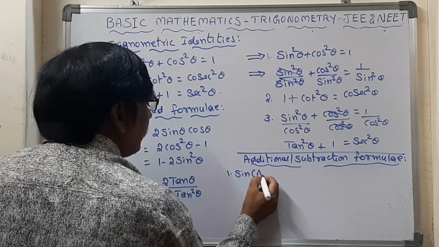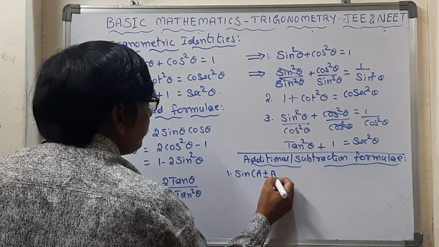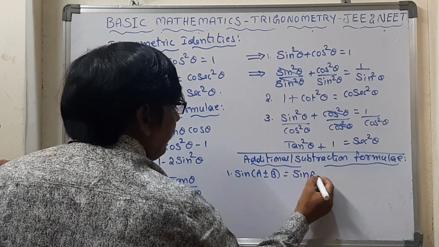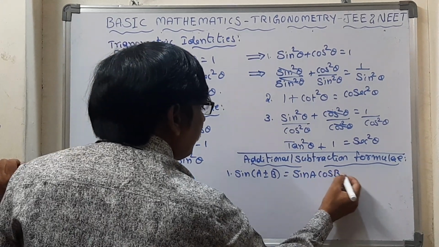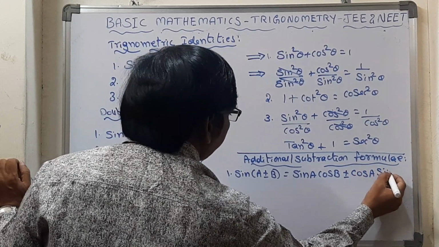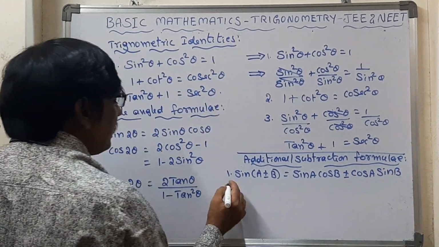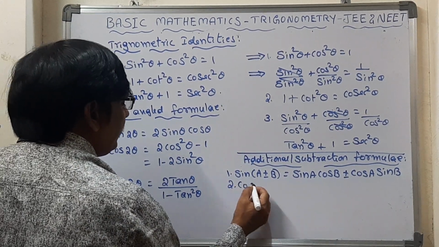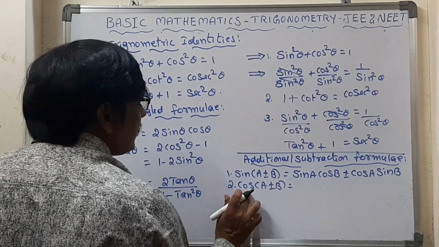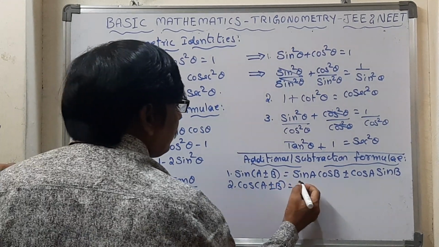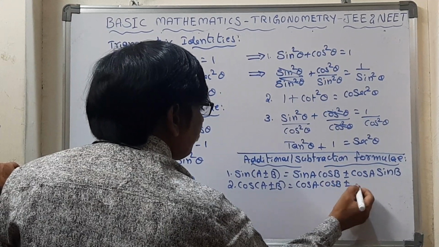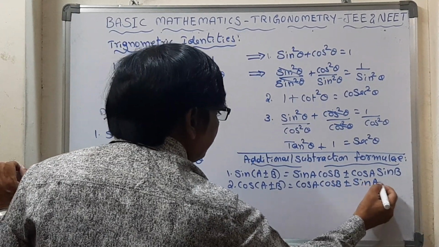Sin of a plus or minus b is equal to sin a cos b plus or minus cos a sin b. You have to memorize all this. The second one is easy to memorize: cos of a plus or minus b is equal to cos a cos b minus or plus sin a sin b.